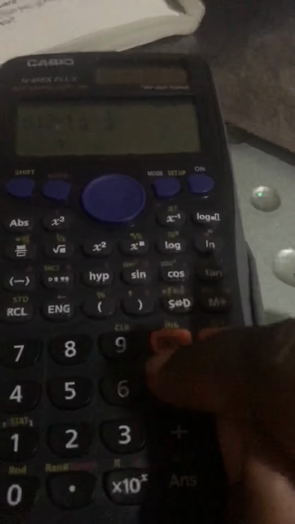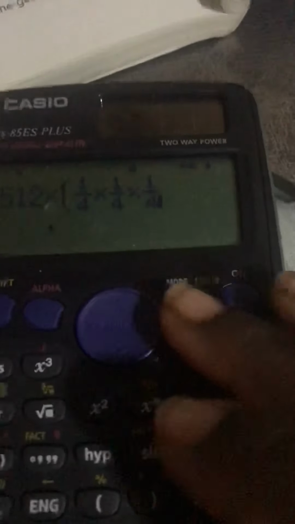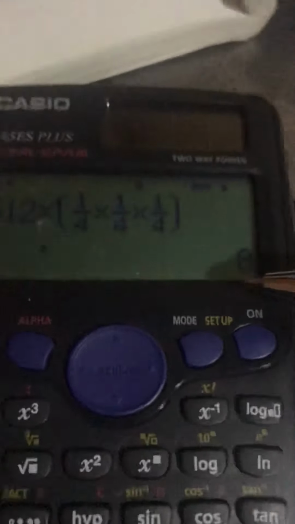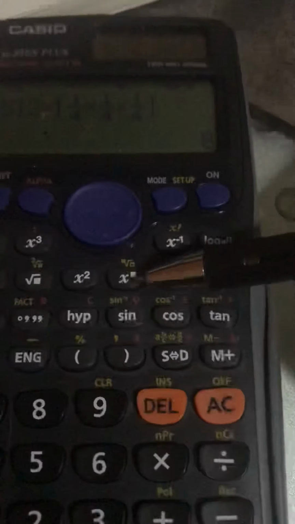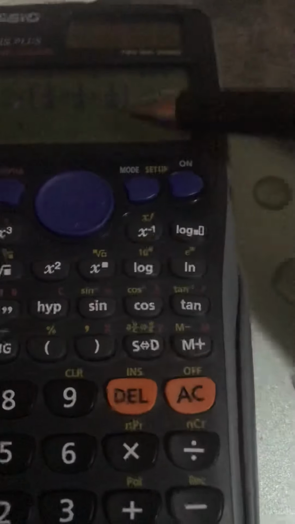Then you put times 1/4 times 1/4. Like that, 3 of them. And then you come there, and then you close your bracket. And see, our answer is the same. See? Our answer is still the same. So you can either do this, or you can use this one. And you put 3 when you press there. All right, let us do D.